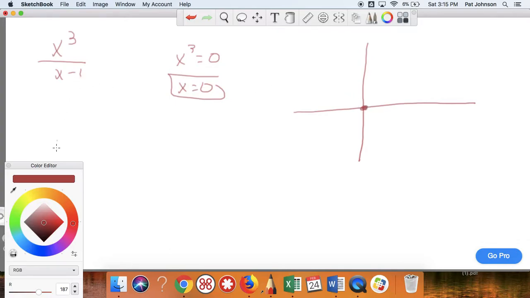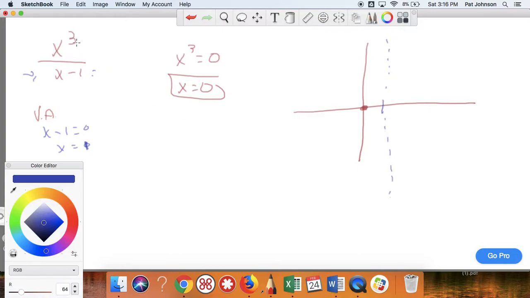To find the vertical asymptote, we find when b of x is undefined. So when x minus 1 equals 0, sorry, x equals 1. So there is my vertical asymptote.